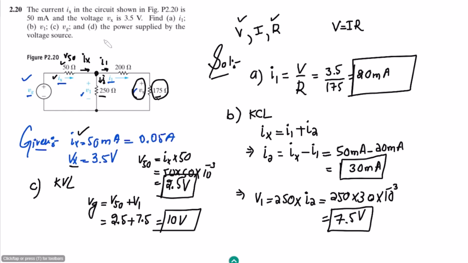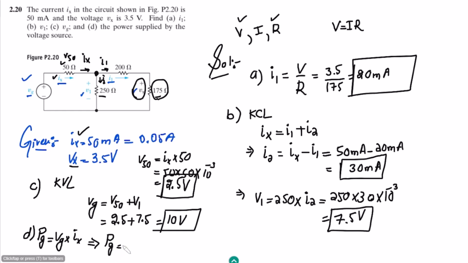In part D, I have to find the power supplied by the voltage source. The power supplied by Vg is Vg multiplied by the current going through it, which is Ix.